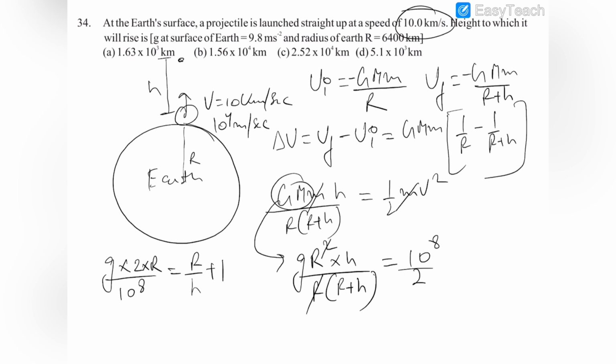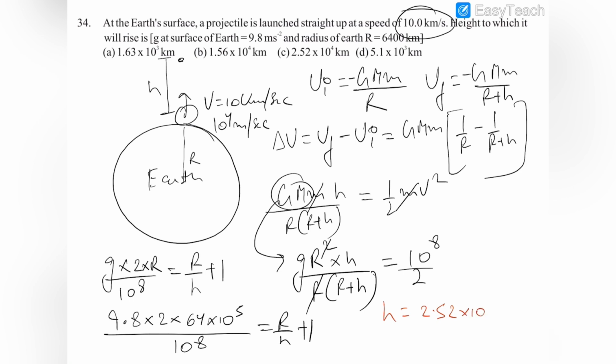Okay, so this is the equation, and we know that g is 9.8, and R is 6.4 into 10 raised to power 6 meters, and this is 10 raised to power 8, and this is R by h plus R. So by solving this value, you will get h as 2.52 into 10 raised to power 4 kilometers approximately.